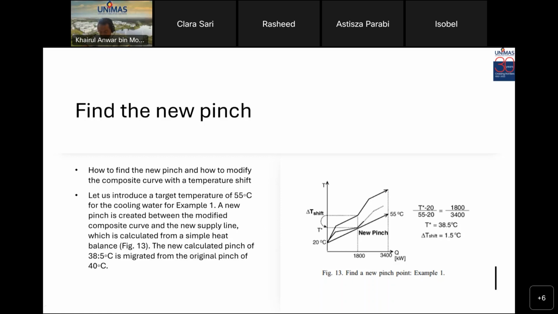The limiting cooling water modification is in two stages. The first stage is to shift the temperature of the limiting water profile according to the value of the temperature shift, 1.5 degrees C for this example. The modified profile might cross the supply line and thus another step is needed.